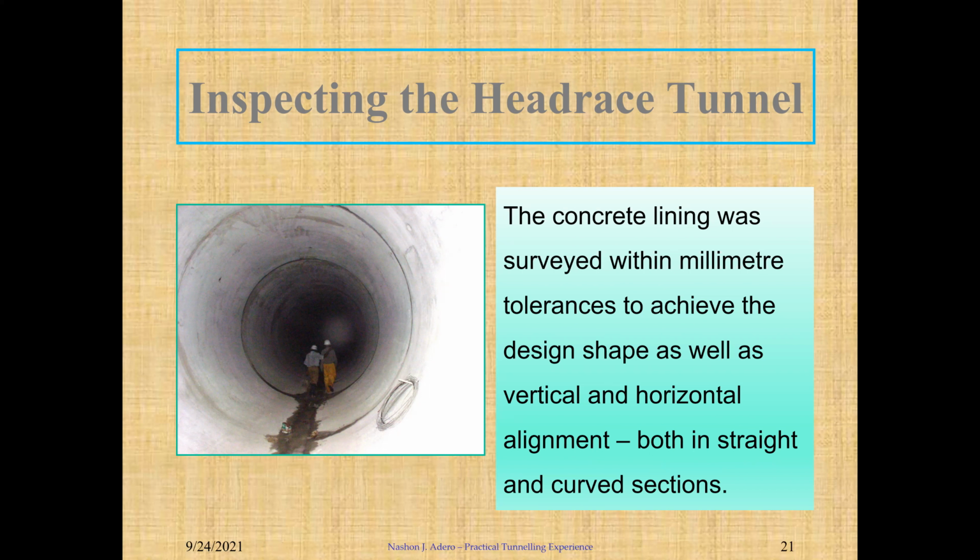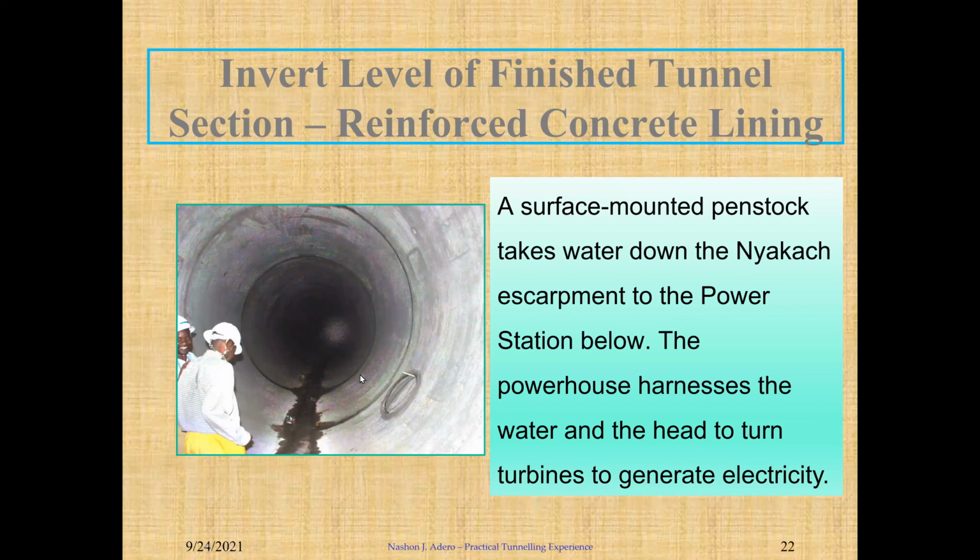If it is off, it is by how many millimeters? Is it beyond tolerance? If it is beyond tolerance, you have to reconstruct that section and have it redone to attain the correct slope. Again, the bearing, is it going in the right direction? So invert level of finished tunnel section, reinforced steel lining is inside.